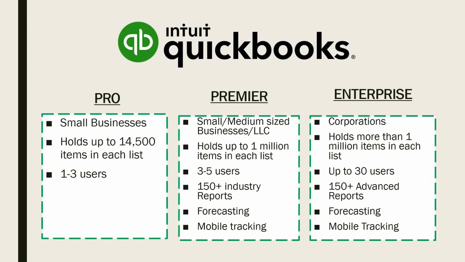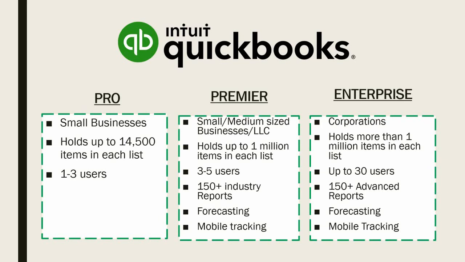There are a lot more reports that you can do when you're looking at a corporate standpoint, like your stockholders' equity. You can run a lot more reports based on the company that you are. Of course, there's also forecasting. And once again, with corporations, you have to be able to travel, so they gear towards mobile tracking.